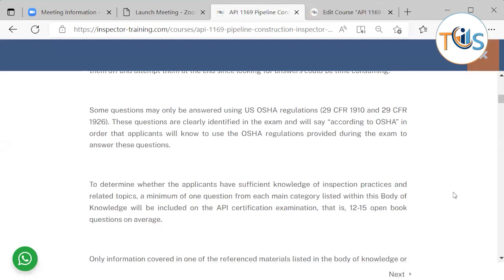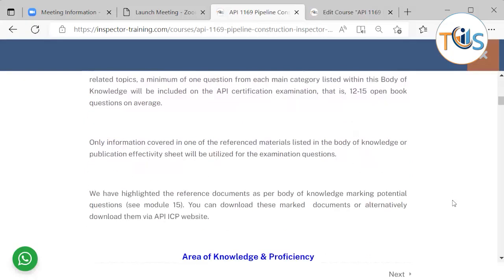To determine whether the applicants have sufficient knowledge of inspection practices and related topics, a minimum of 1 question from each main category listed within this body of knowledge will be included on the API certification exam. That is 12 to 15 questions on average.